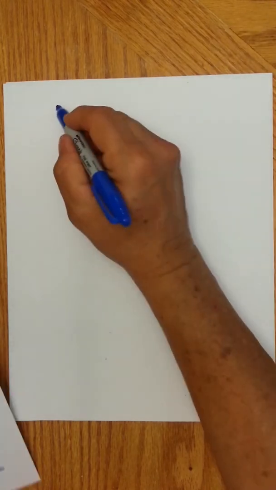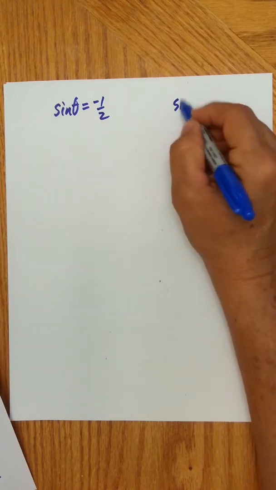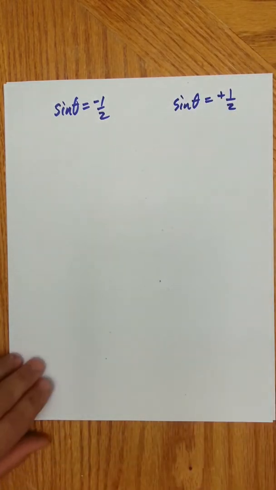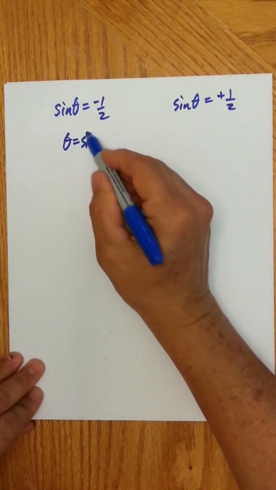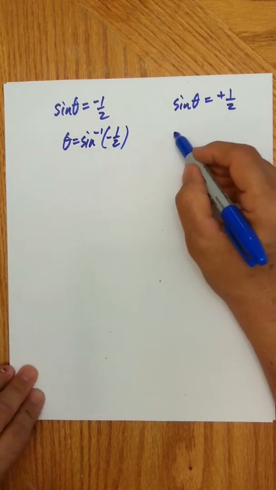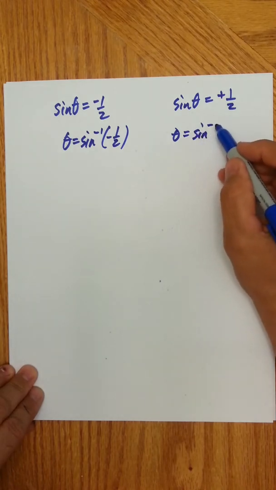On the next page we'll carry that over. I'm going to make that a bit cleaner. So if I look at sine theta equal to -1/2 versus sine theta equal to +1/2. Now technically, theta equals the inverse sine of -1/2, and you could put that in your calculator, but honestly that should be pretty easy to tell from your knowledge of the unit circle.